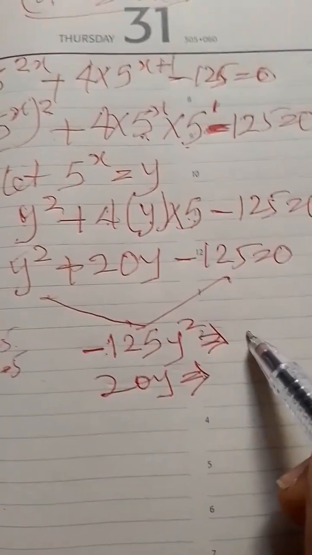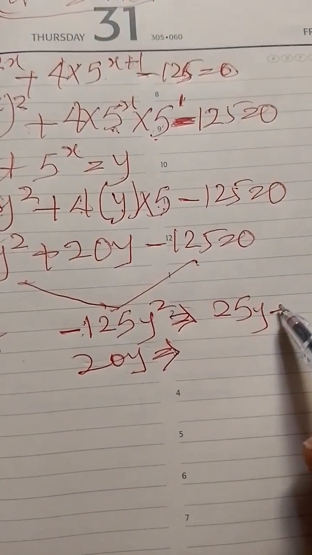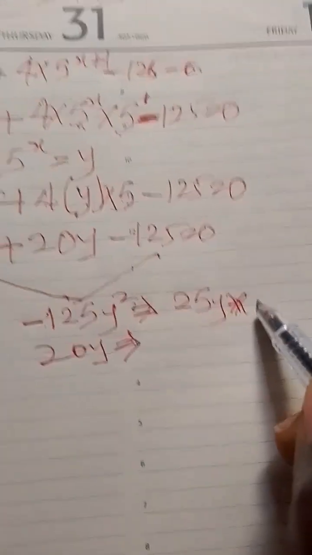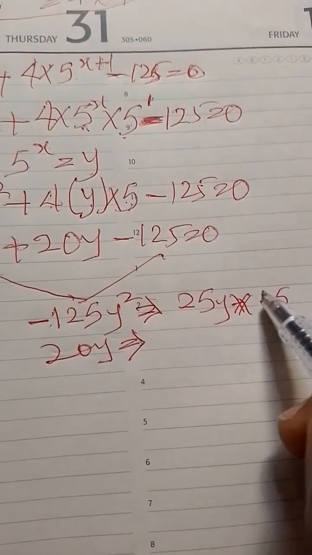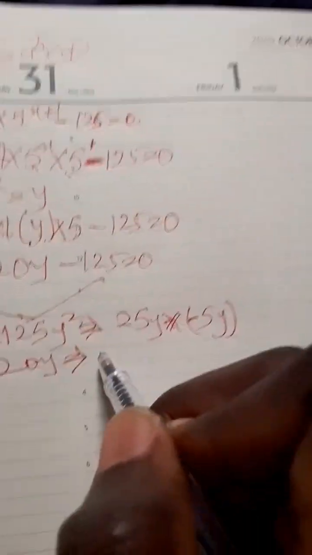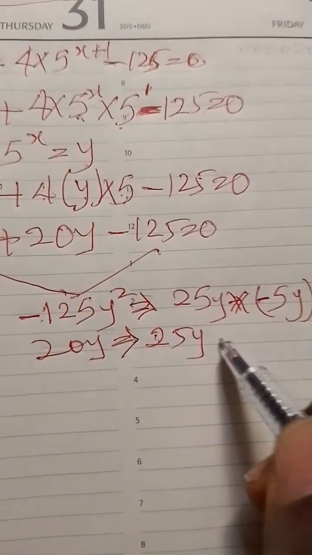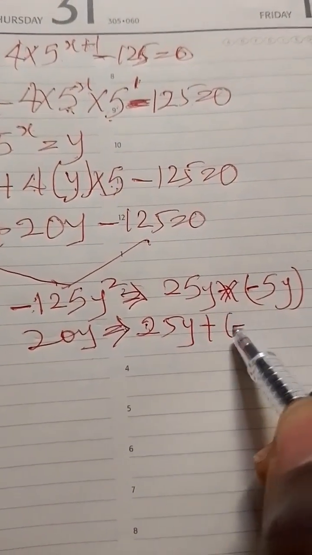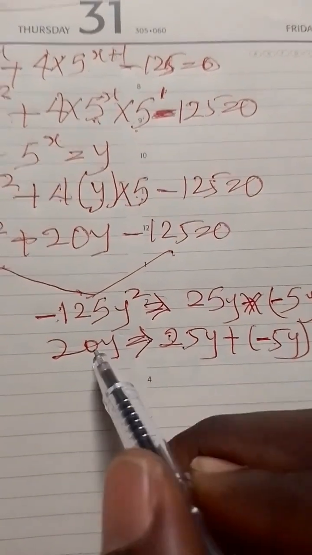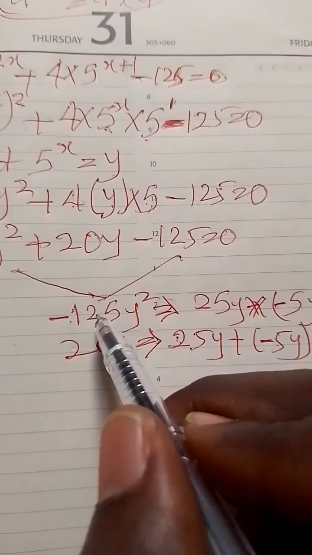So this will be 25y times minus 5y. And here we now have 25y plus minus 5y. 25 minus 5 is 20. 25 times minus 5 is minus 125.